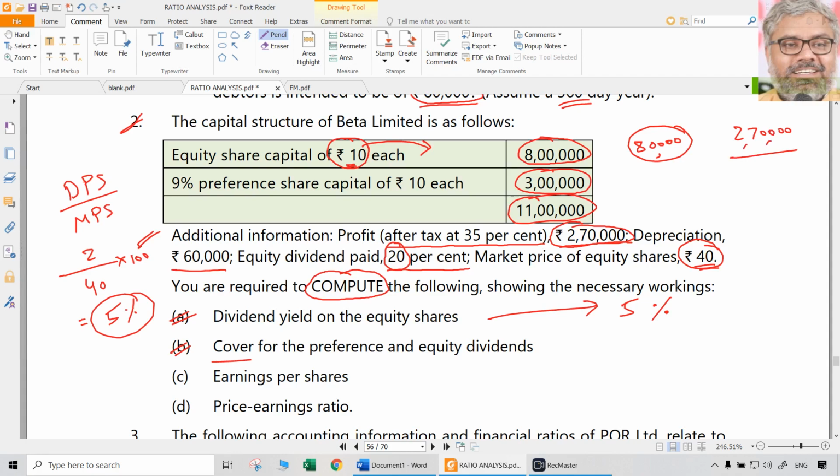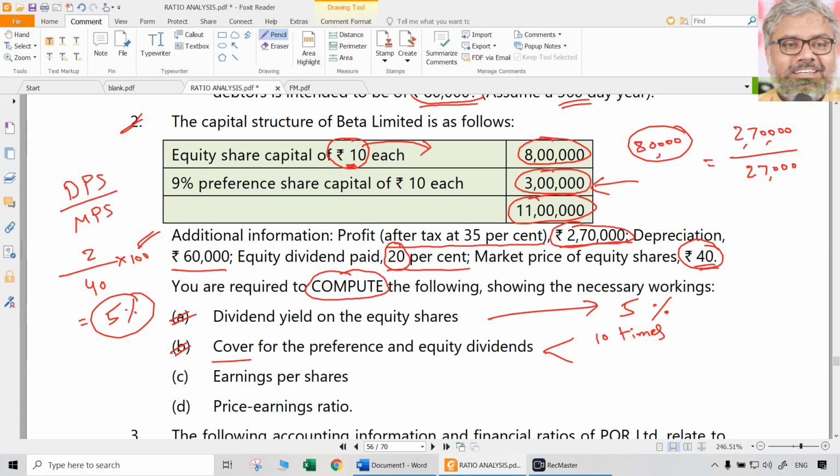That profit after tax, divided by the preference dividend, gives us the preference dividend coverage ratio. How much will be the preference dividend? 3 lakhs multiplied by 9%, that is 27,000. So automatically the preference dividend coverage ratio is how much now? 10 times. That's all. That is the preference dividend coverage ratio.